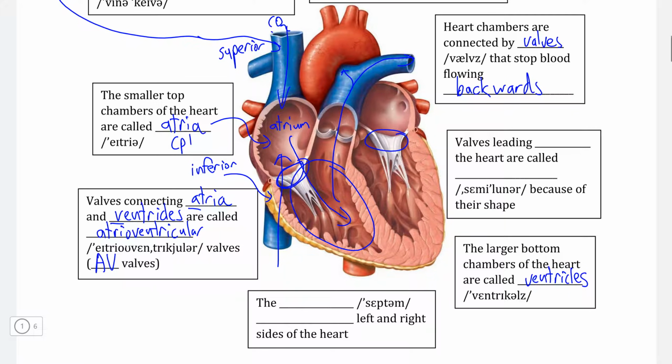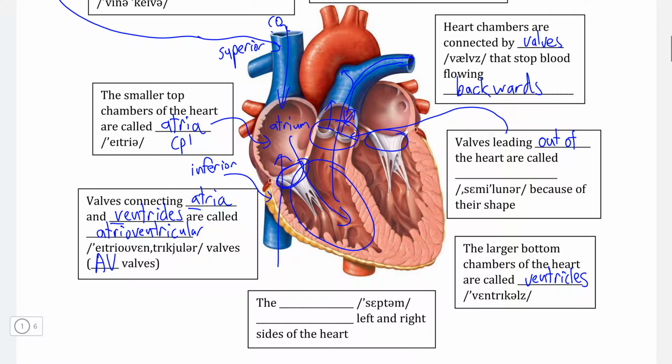Now, we can see that the other major chambers of the heart have valves that lead out of the heart. So we can actually see one of these valves right here, and we can see that the flaps of the valves would actually push open when blood flows out, meaning that if blood flows backward, these valves would not be able to open this way, and therefore these valves serve the same function, albeit with a different mechanism that stops blood from being able to flow back into the heart.